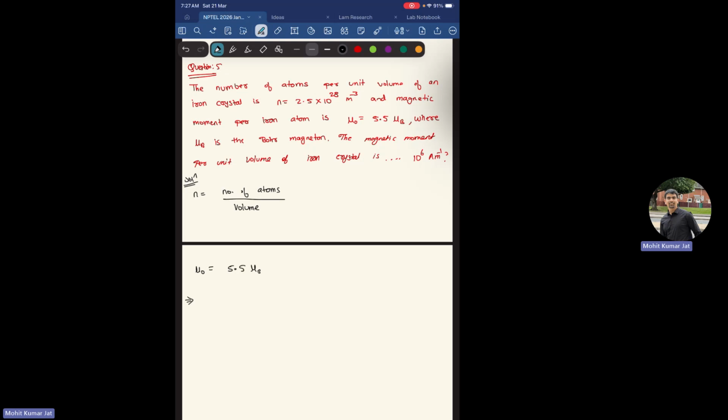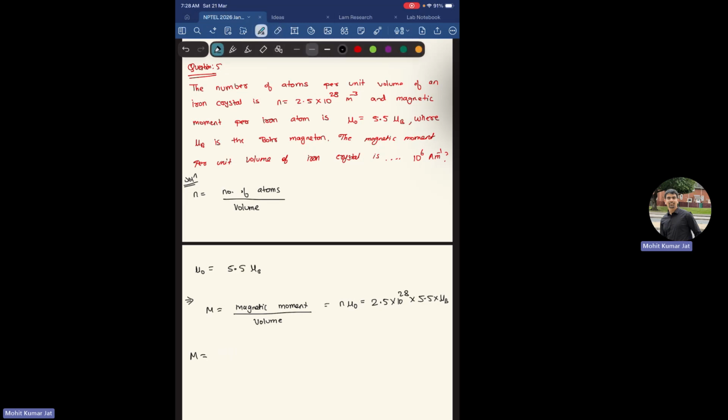So this implies M, which is the magnetic moment per unit volume, equals n times mu naught, which is 2.5 into 10 power 28 times 5.5 times mu B. So 2.5 into 5.5, how much is that?